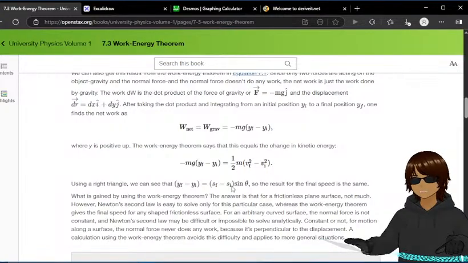When y is positive up, the work energy theorem says this equals the change in kinetic energy. Using the right angle triangle, we see that yf minus yi is equal to sf minus si times sine theta.